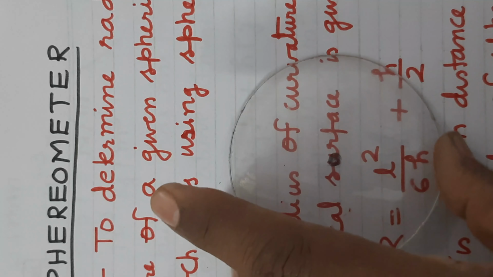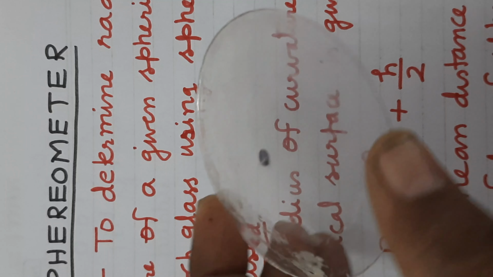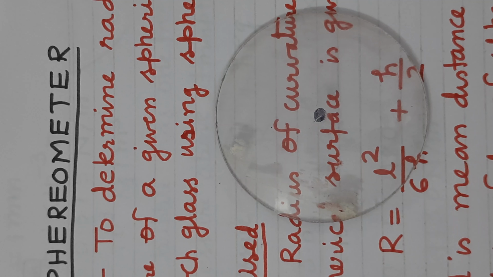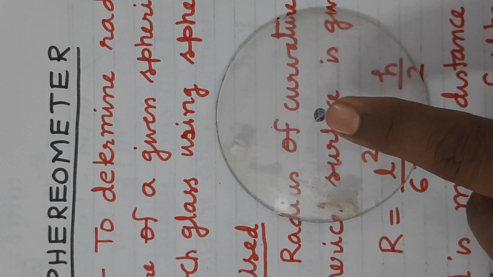We will mark the pole of the convex surface. Pole means the central point on the convex surface, and this pole should be up.